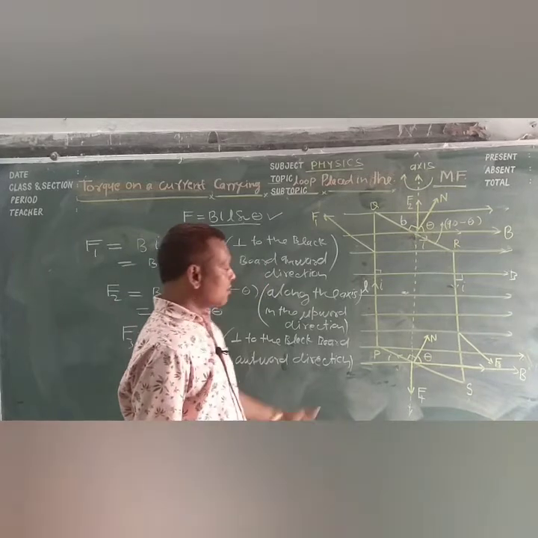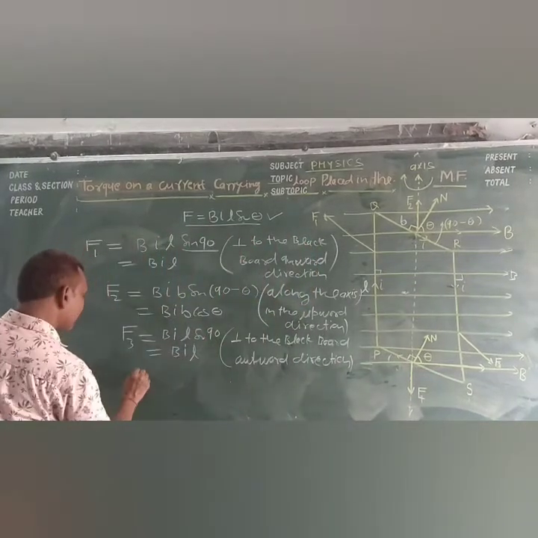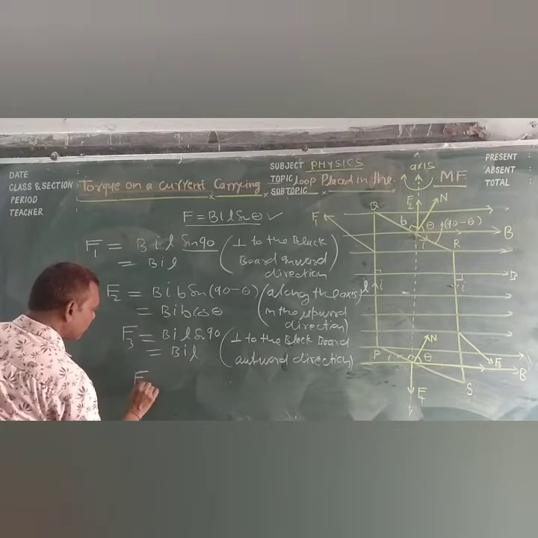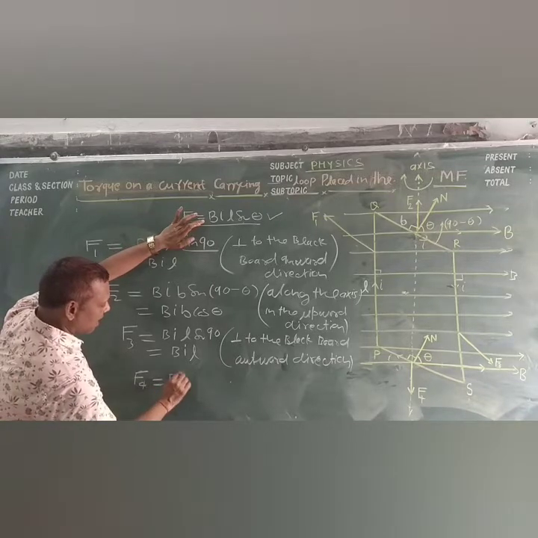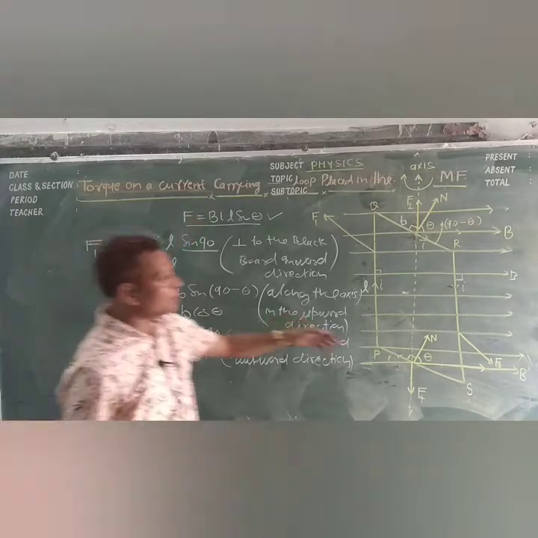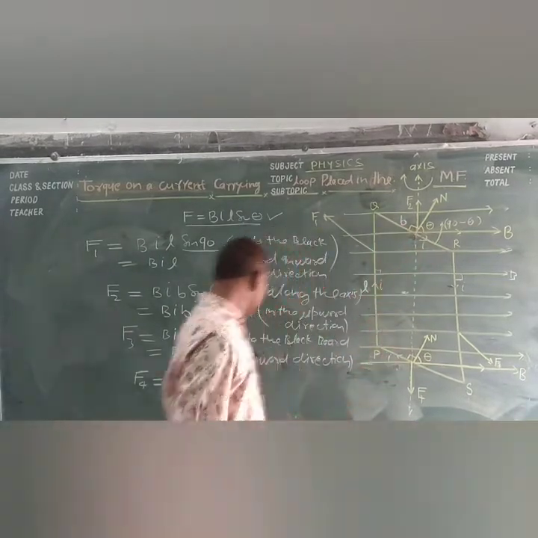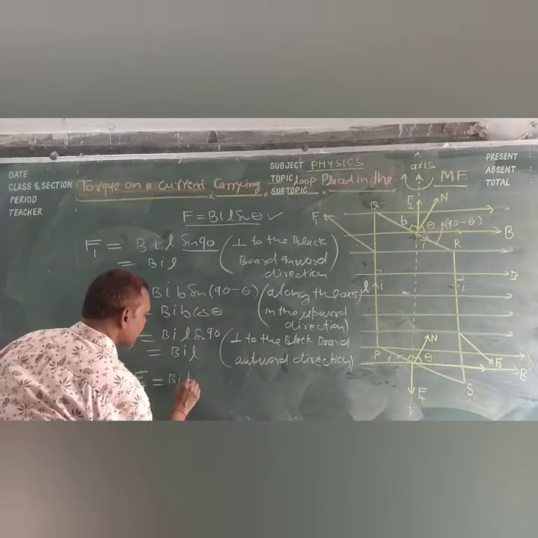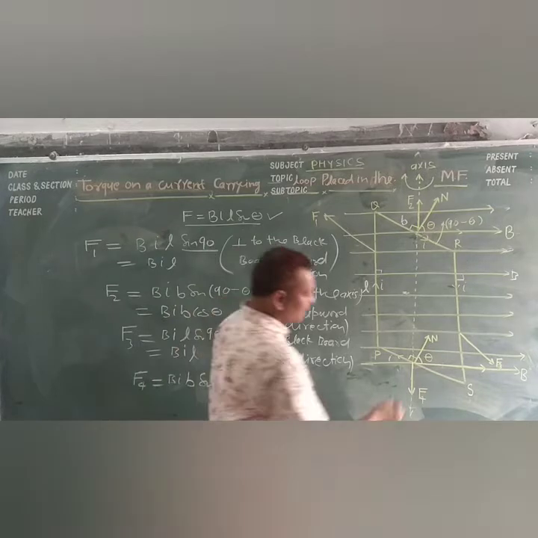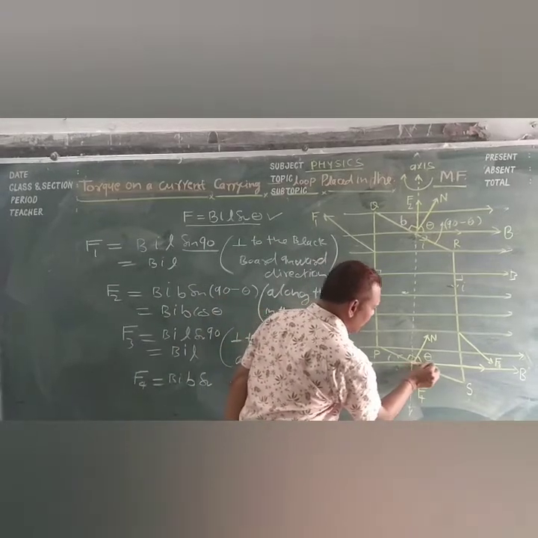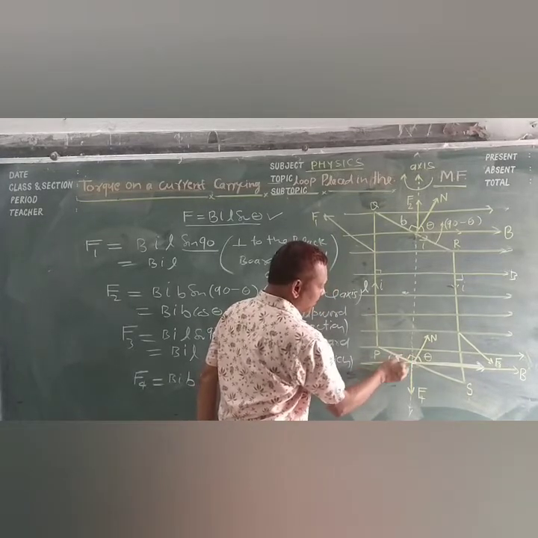Finally, force on arm PS. F4 is equal to BIl sin theta, where l means length, so the length is b. QR is b, so PS is also equal to b. Sin theta, the angle between current and magnetic field. So this is the direction of magnetic field and this is the direction of current.